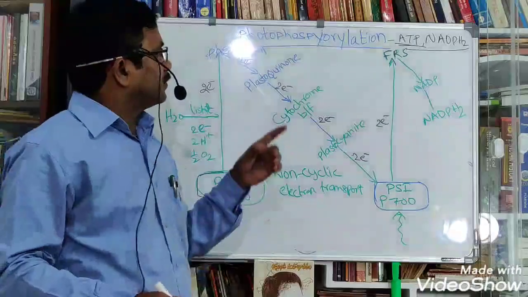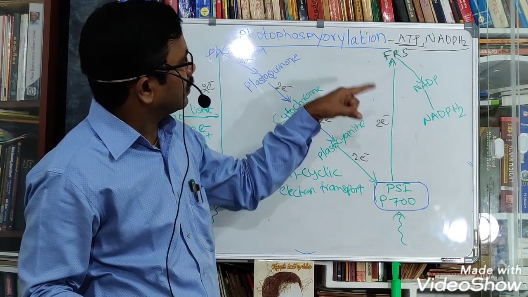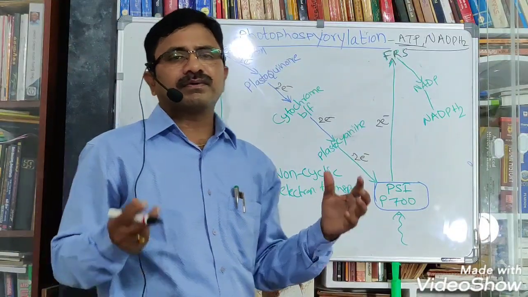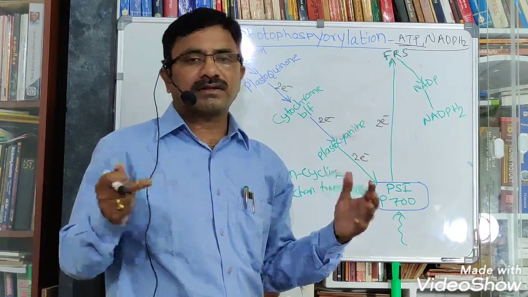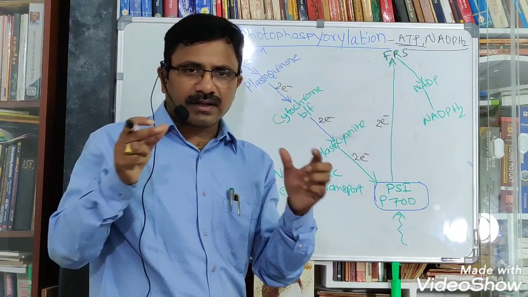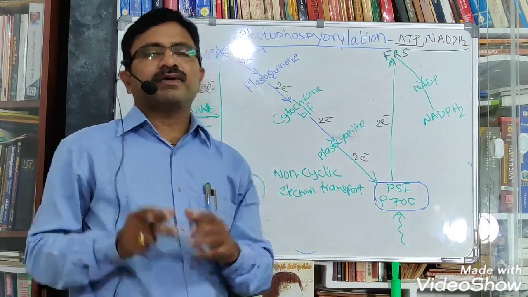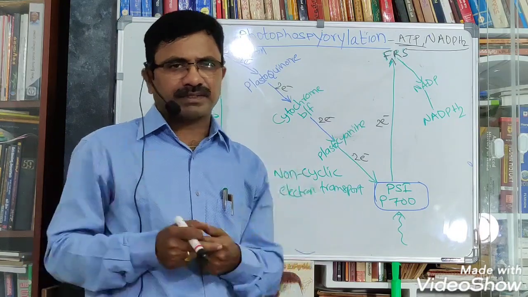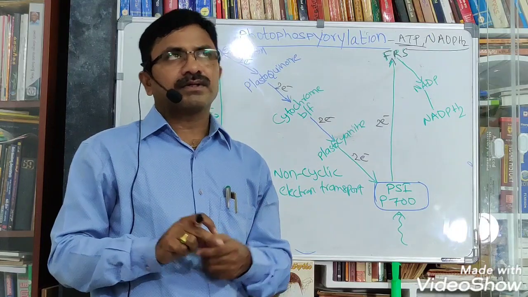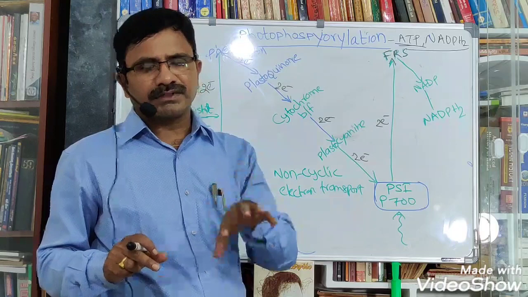Okay, so before knowing the details of photophosphorylation, we have to learn electron transport, which takes place in thylakoid membranes. In our last session, we learnt about photosynthetic pigments, the pigments found at thylakoid membranes which harvest the light energy, ultimately converted to chemical energy.